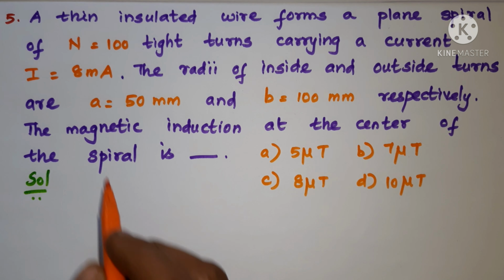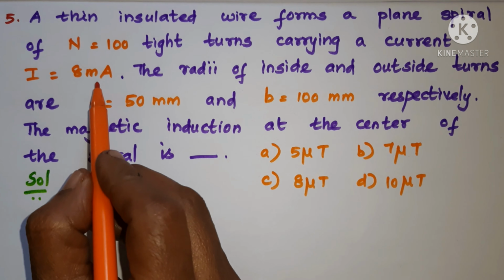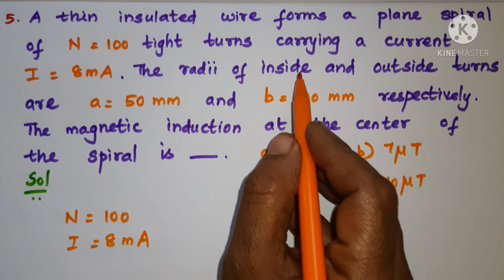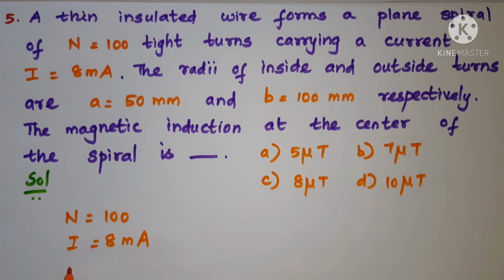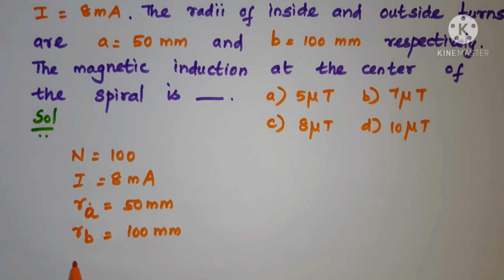The solution: given N is equal to 100 turns and the current I is equal to 8 milliampere. The radii inside and outside: inside radius A is equal to 50 millimeter, and outside radius B is equal to 100 millimeter. Magnetic induction at the center of the spiral B is equal to question mark.